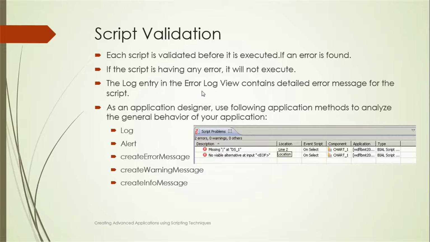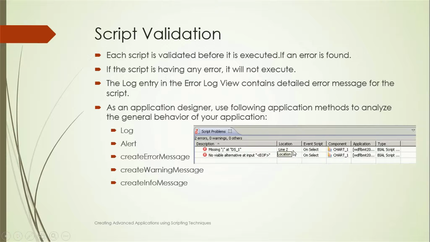Now script validation. As and when we type the script in this script editor, suppose it gives an error, but we directly close the script editor. Then in the script problems window, it will show the errors. Suppose a semicolon is missing at some particular line location.